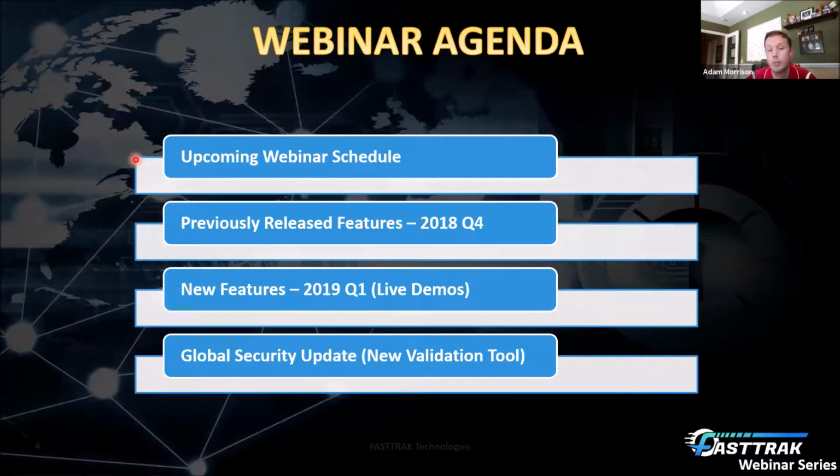Then we'll go into some new features for this last release that came out a couple weeks ago. We'll do some live demos there to show you exactly how to get access to those features. And then we'll do a quick demo of a global security update tool, which we put in place, which you will be able to use to get your systems ready for the global security update.